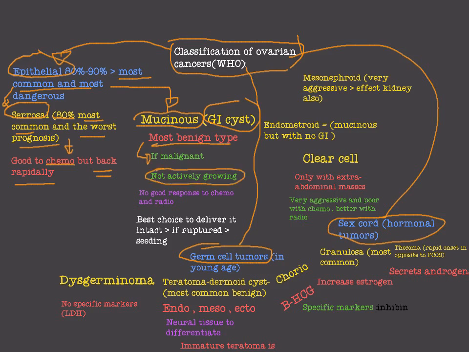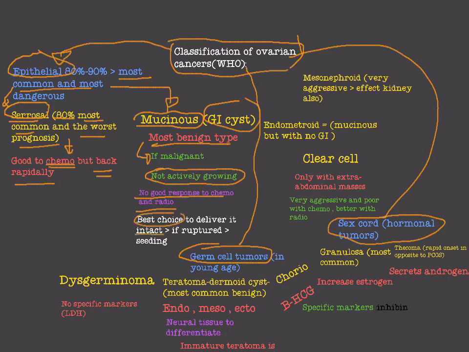So it has no good response to chemo or radiotherapy. In serous type, we said that it has a good response to chemo, but it recurs. But in mucinous type, it has no good response to chemo and radiotherapy. So the best choice is to deliver it intact.